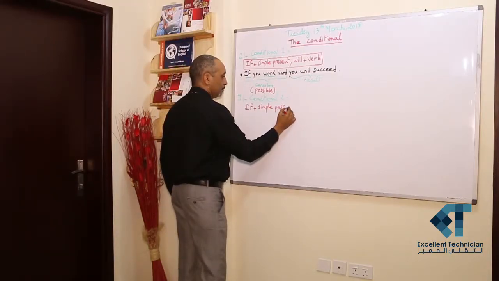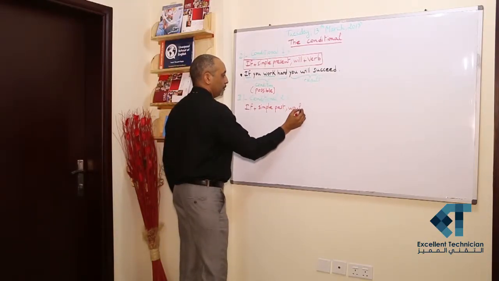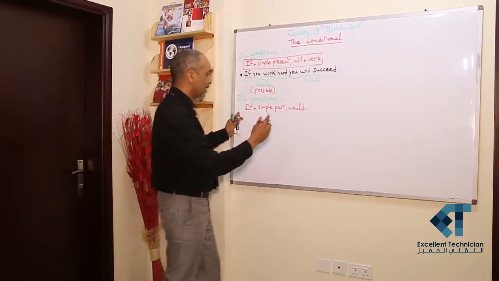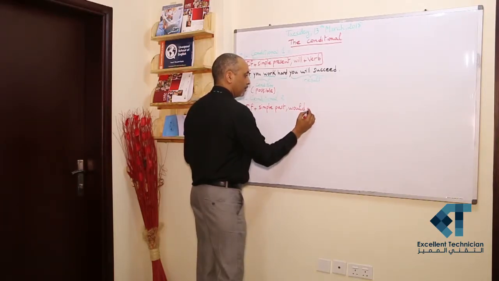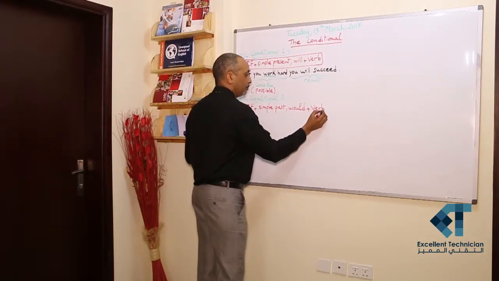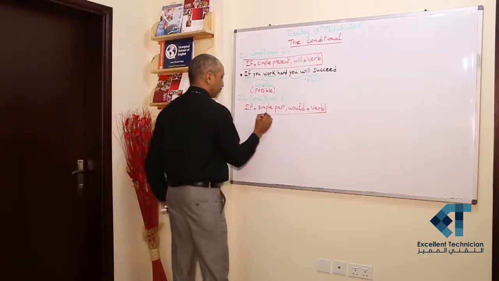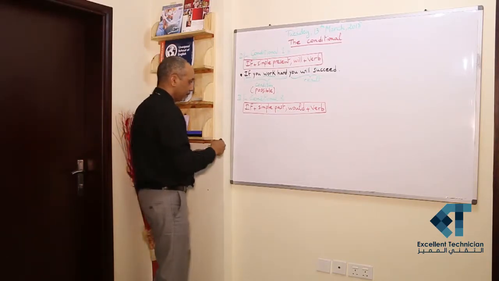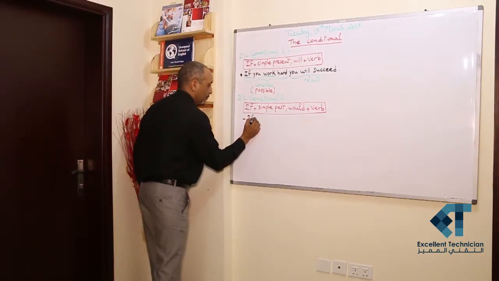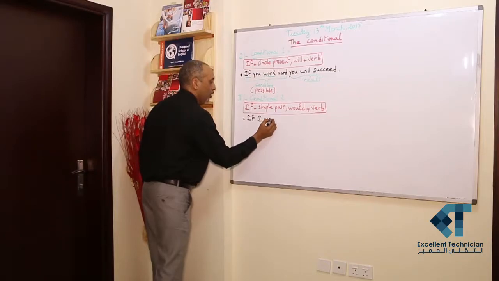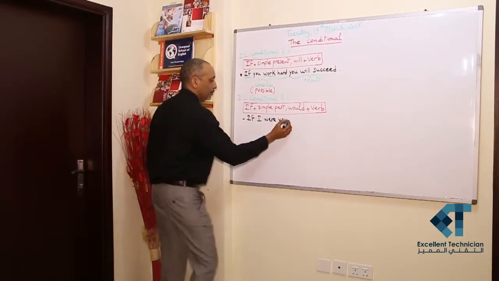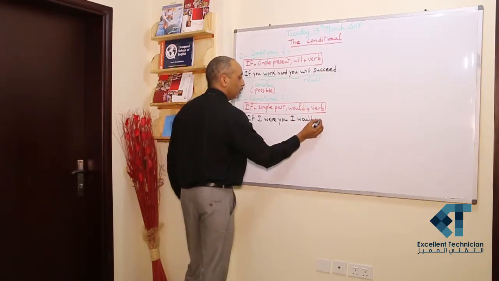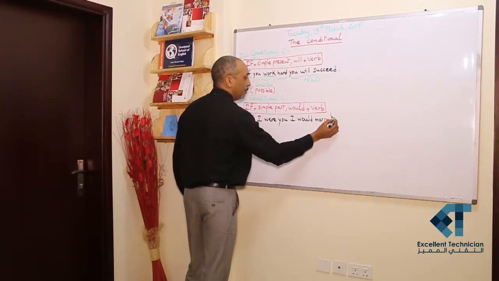Then I have would plus verb. Example: if I were you, I would marry him.